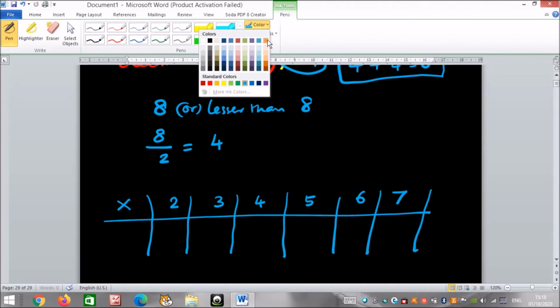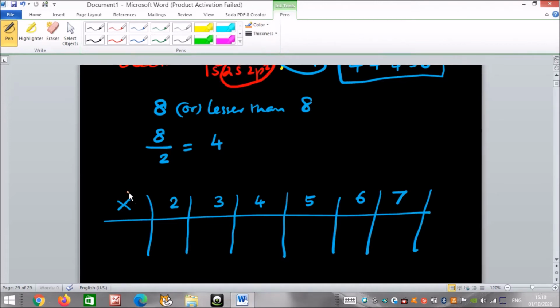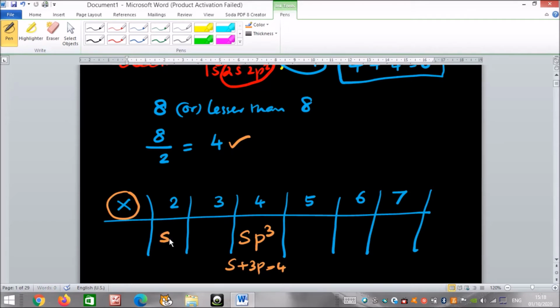Yes, we can take it like this. When x is equal to 4, the type of hybridization would be sp3. You see, one s orbital and 3 p orbitals are involved, and the value is equal to 4. Suppose you are getting x value as 2, this should be the type of hybridization, sp. When it is equal to 3, you can say it would be sp2.